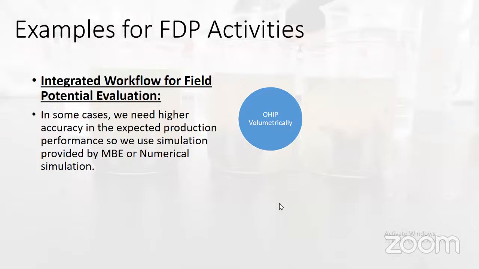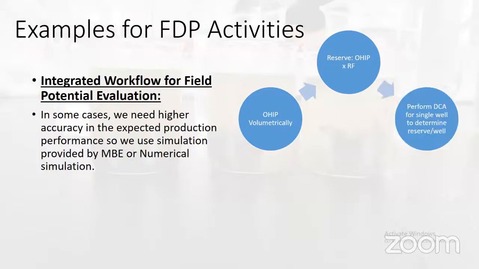The first step in that workflow is to calculate the original hydrocarbon in place. Then we will determine the reserve by introducing or assuming a recovery factor. Then we will do decline curve analysis for a single well.